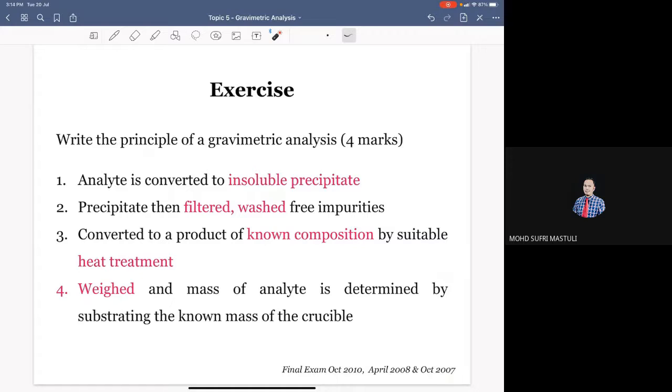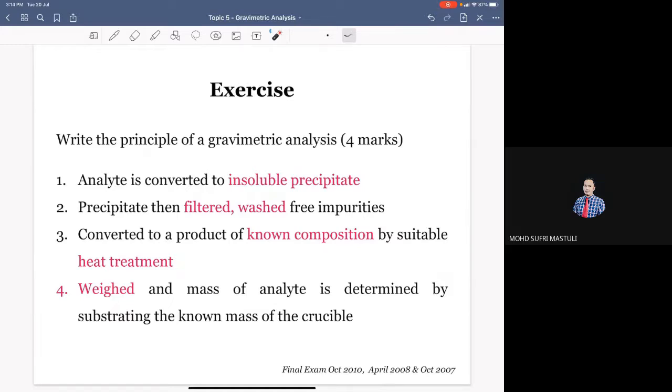So the four principles of gravimetric analysis. First, the analyte has to be converted into an insoluble precipitate. The insoluble form should be filtered and then washed to remove the impurities. And then we have to convert the product to the known composition by suitable heat treatment.